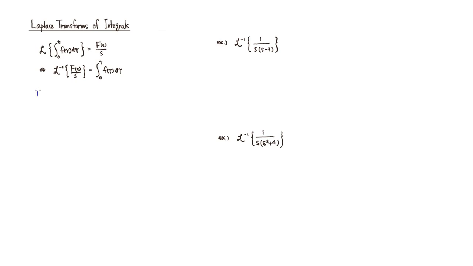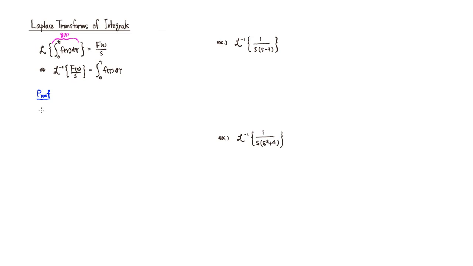So here's a proof. First thing I would do is call this integral g of t. So we're looking for the Laplace transform of g of t. Using the fundamental theorem of calculus, we know that the derivative of g is going to be f.